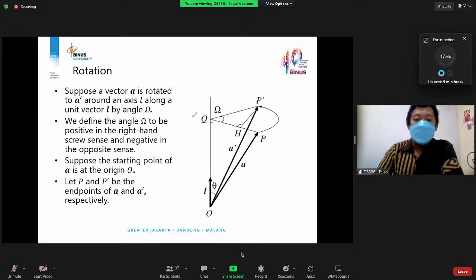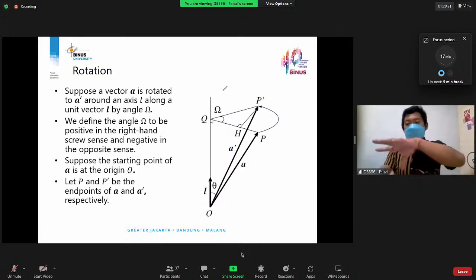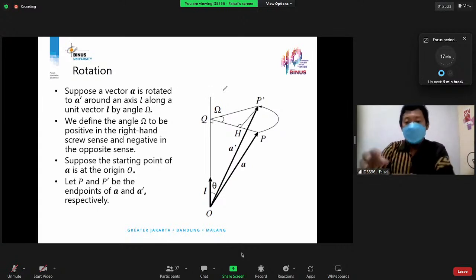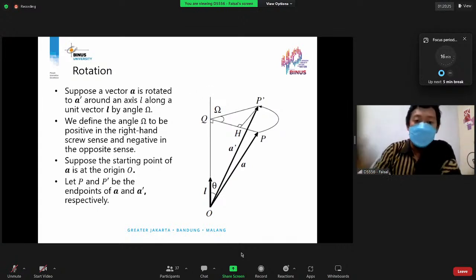Okay, and because we want to rotate the vector, we need an angle.